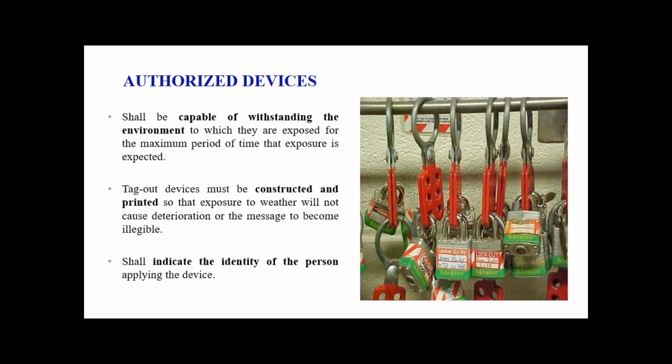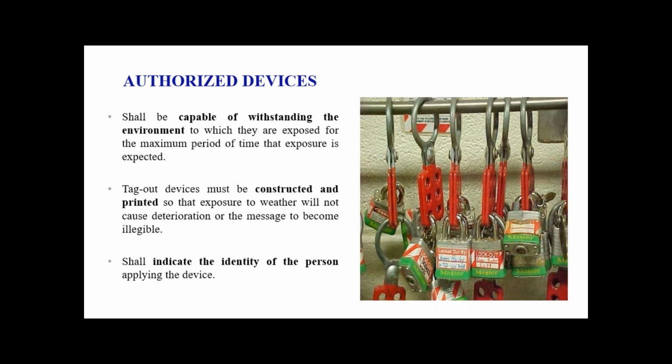Then it shall indicate the identity of the person applying the devices. Normally the authorized person is the main title on these tags: the name of the authorized person with designation, the type of activity, the message you want to convey to the workers, and the date and time for this activity.